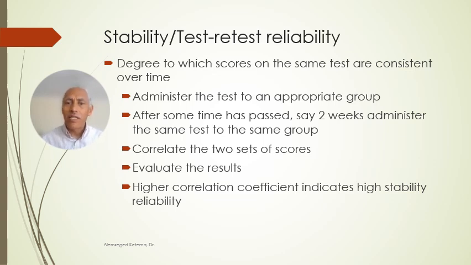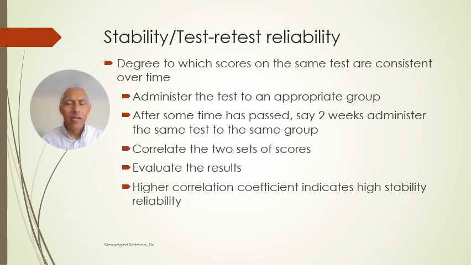So administer the test to an appropriate group. After some time has passed, say after 2 weeks, administer the same test to the same group of people, and then you do a correlation. There's something called correlational tests that you can do. Then you correlate the two sets of scores, evaluate the results, and the higher correlation coefficient indicates high stability or reliability.